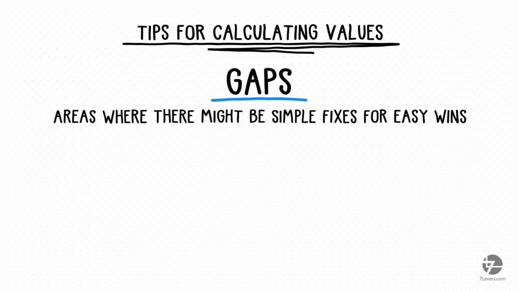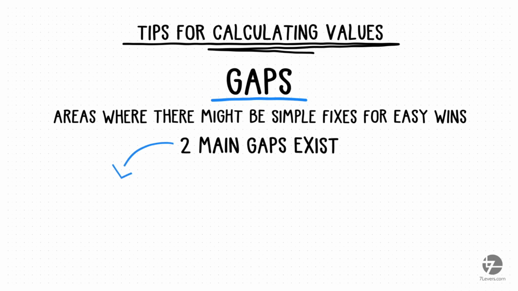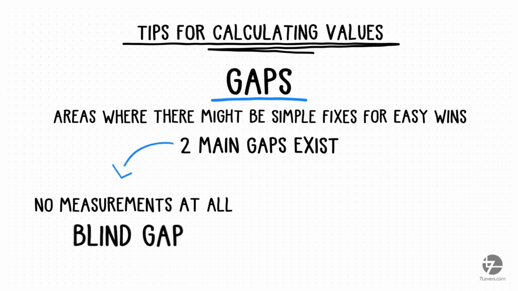And when you're doing calculate, there are some specific types of gaps that will show up. You've already maybe spotted some when you were doing capture, but in calculate, you're going to get two main issues that you might not have spotted before. The first one is where you've got no measurements at all, and that's what we call a blind gap.